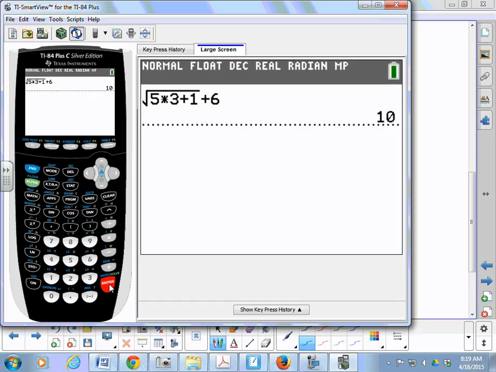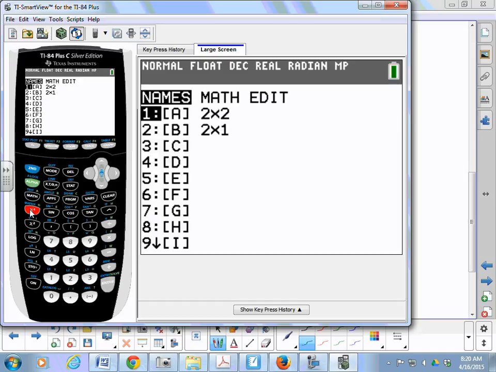Now you need to be careful. You have to use parentheses. You have to close the whole part under the radical in parentheses, so you would have a parenthesis here and after the 1. Did you extend it over before you hit plus 6?